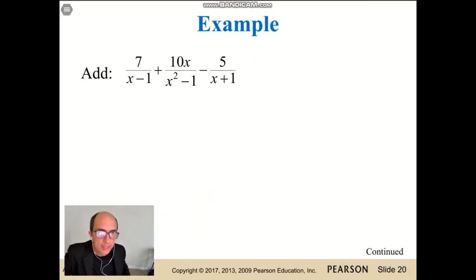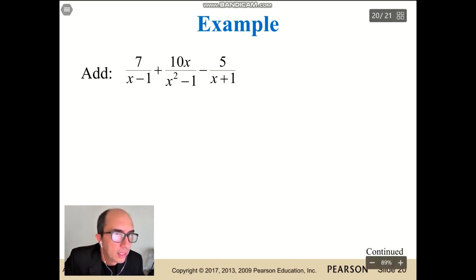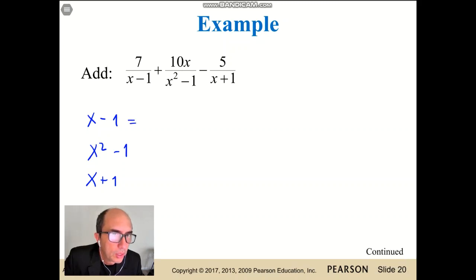Moving on to the next example. And now we have, let's see the denominators, x minus 1, another denominator here, x squared minus 1, and another denominator x plus 1. We cannot factor the first one, x minus 1, that's it. Maybe this one we can factor a little bit more, and the last one, that's it, we cannot factor it.